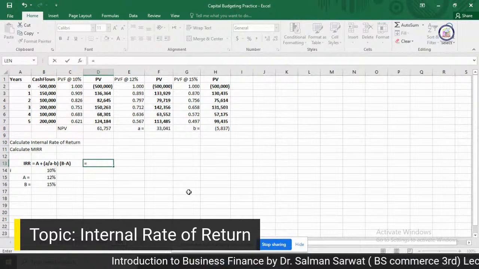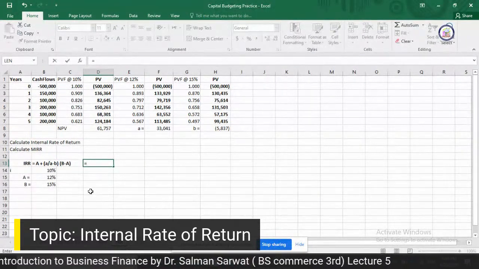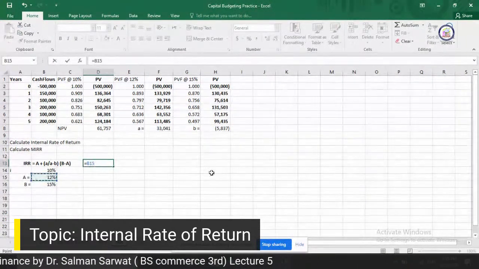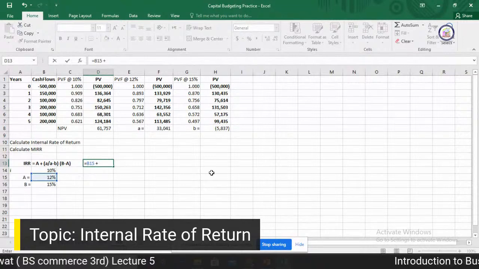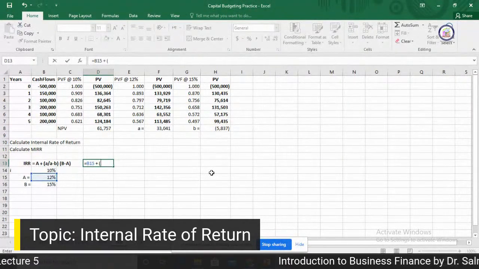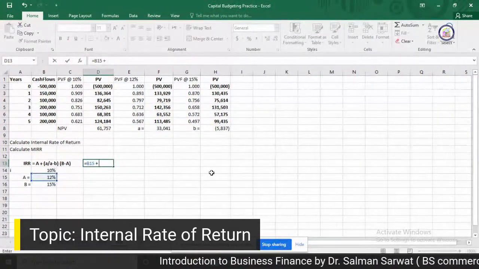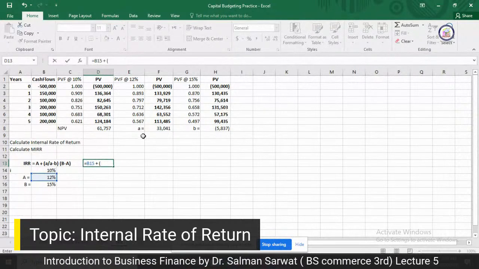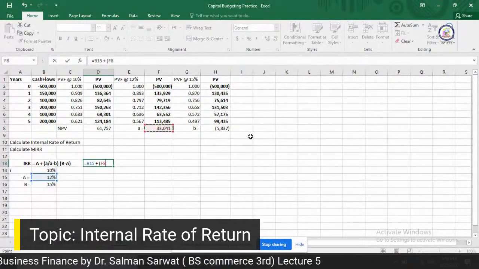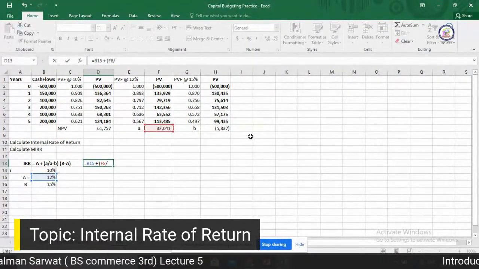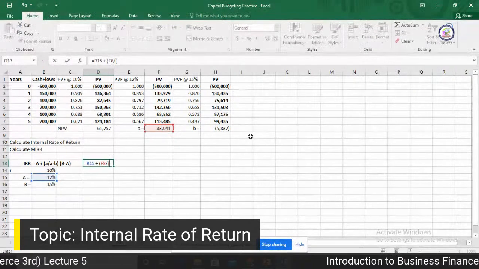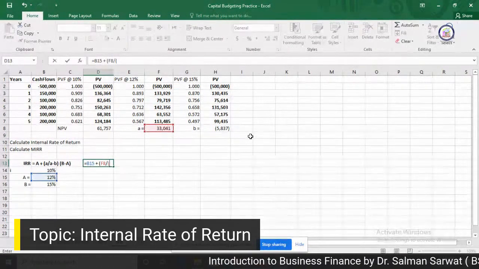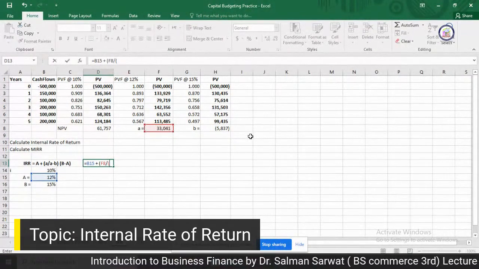What was capital A? Capital A was 12%. So 12% plus bracket, small a was 33, divided by, in Excel we have to use multiple parentheses for accurate calculation.